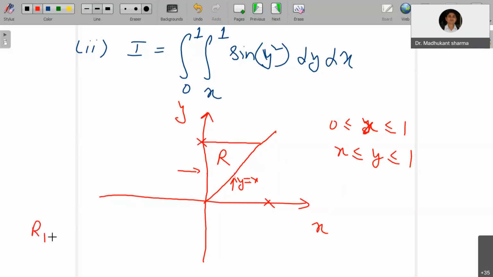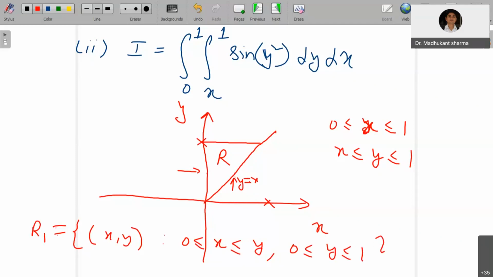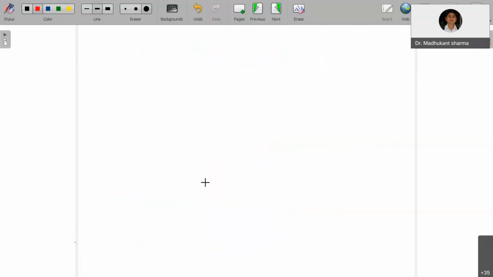So if I have R1 equal to (x, y) such that x is entering from 0 less than or equal to x less than or equal to y, and then y starts from 0 less than or equal to y less than or equal to 1.